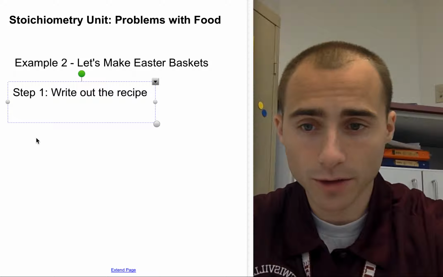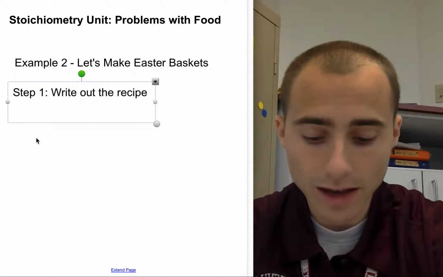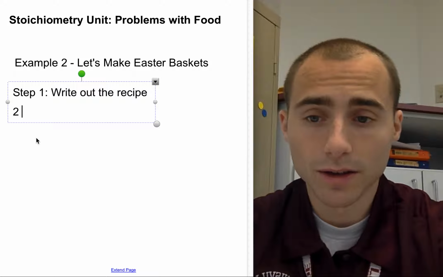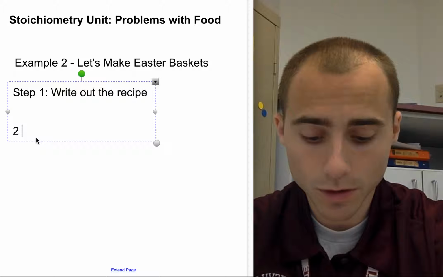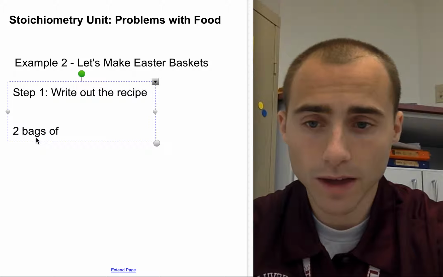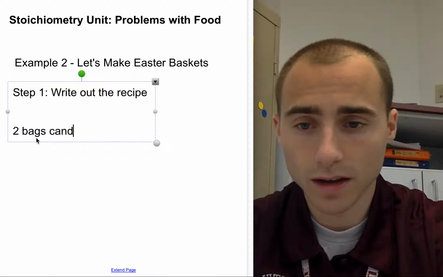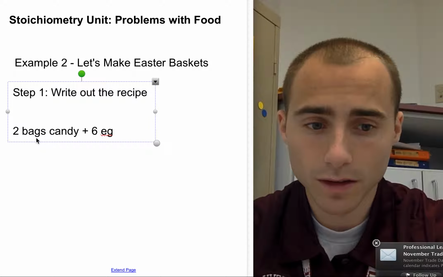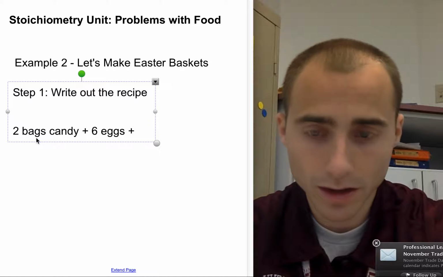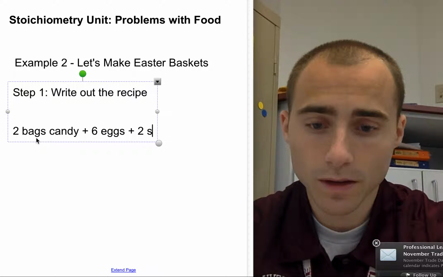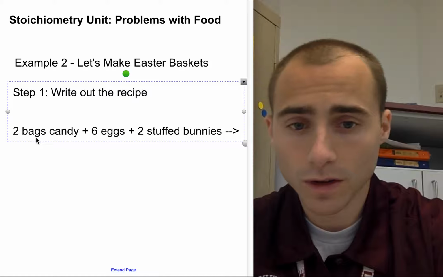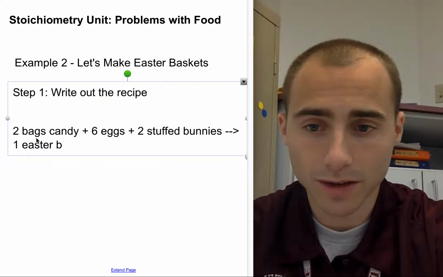So if we look at that final sentence, it says each basket needs 2 bags of candy, 6 colored eggs, and 2 stuffed bunnies. So that means we would need 2 bags of candy. I'm just going to put 2 bags candy, plus 6 colored eggs, plus 2 stuffed bunnies, and that is going to produce 1 Easter basket.